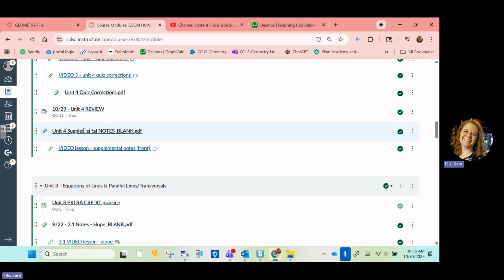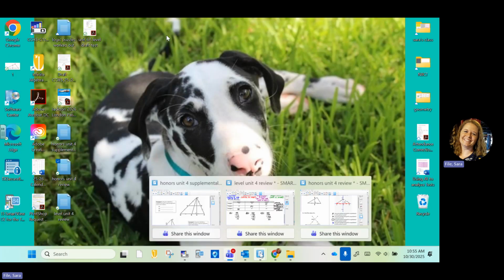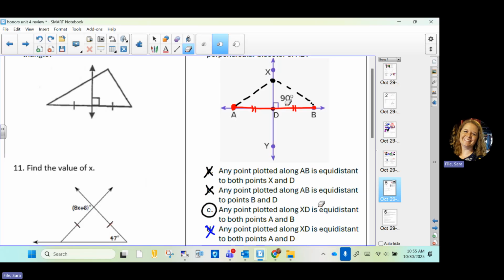And so this is just an add-on notes that you may want to take a look at tonight and try. And then I've already made a video of the front side of it. I made that this morning and posted it. And then I'll make a video of the back side. It's a single page, front and back. And I'll add the video of the back side of it here. And y'all can watch those as extra ways to study or prep for the test tomorrow as well. Okay, so that perpendicular bisector question, that one that was just asked about, that's one that I cover in that supplemental notes again. Is that perpendicular bisector theorem.